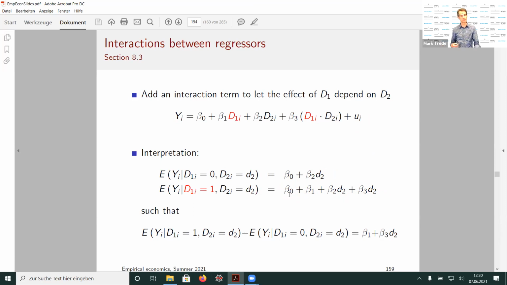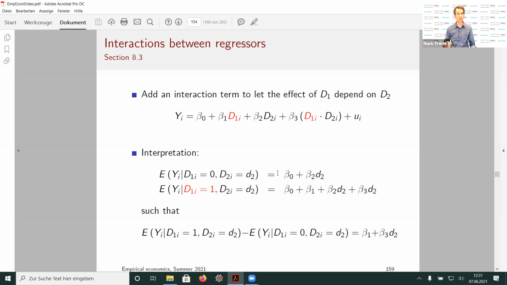Now let's look at the difference between these two terms. What is the expected effect on the endogenous variable y if we switch d1 from 0 to 1? We know what the expected values of y are, namely this one here and this one here.